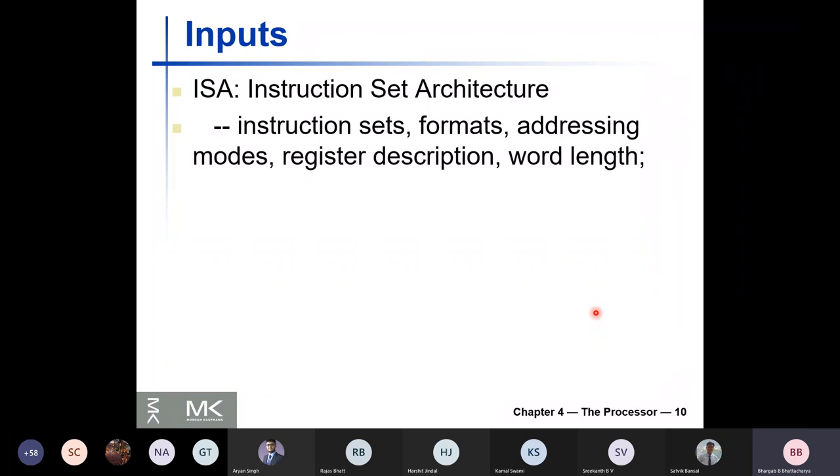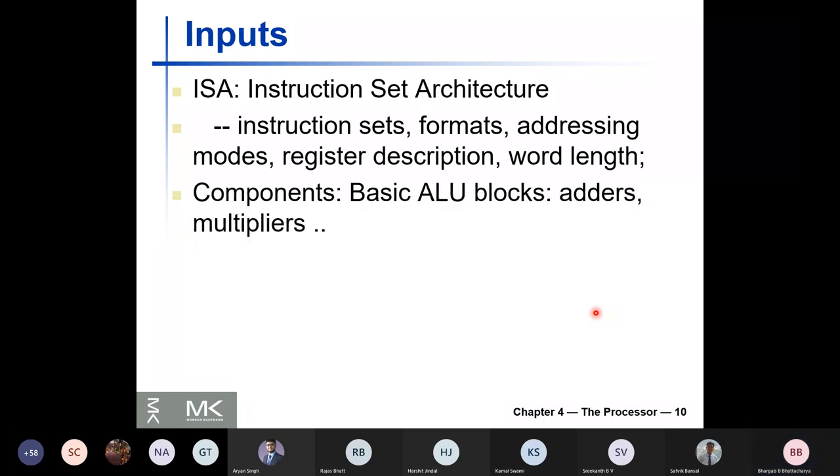Both the syntax and the semantics I need to understand, because otherwise I won't be able to design my hardware, which is necessary to support those. What sort of registers you have, how many of them, what are the register size and so on, word length, what would be my memory addressing capability, all this information you need. So these are my inputs.